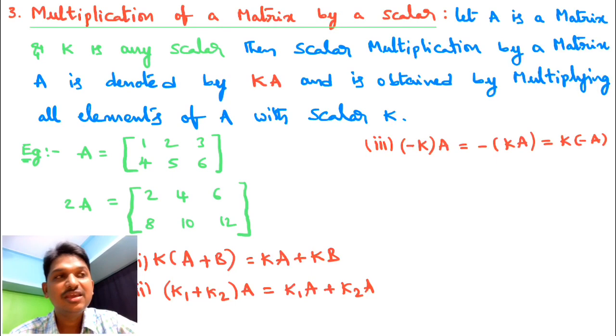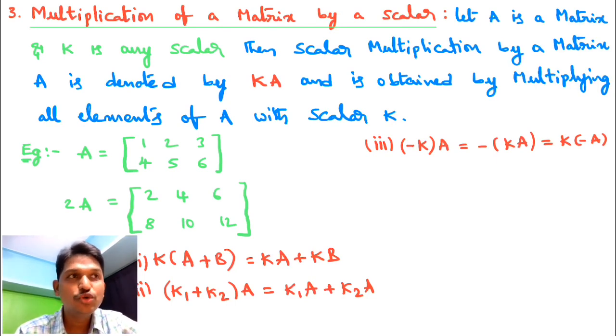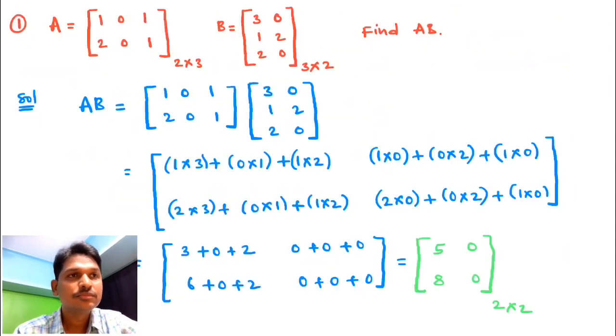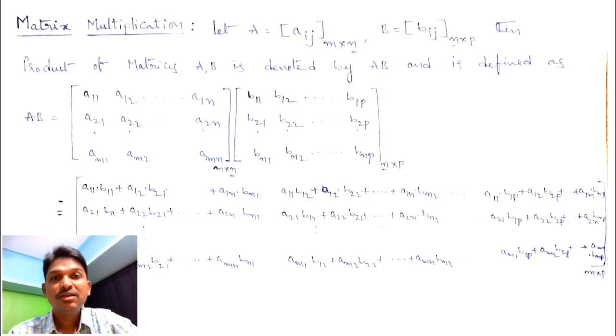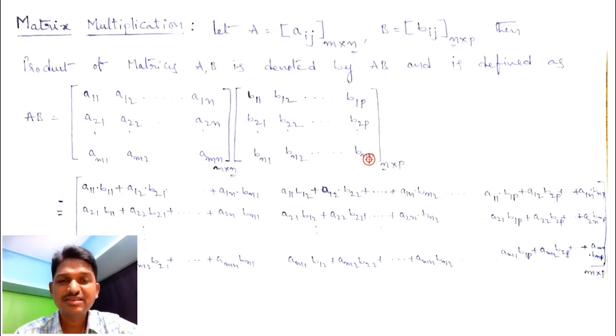If A, B are 2 matrices, then how do you multiply? See here, matrix multiplication. It is a little difficult to understand this definition, but do not worry about the definition. If you do 2 or 3 examples, you will get more clarity. It is easy only, but the definition is difficult to understand.